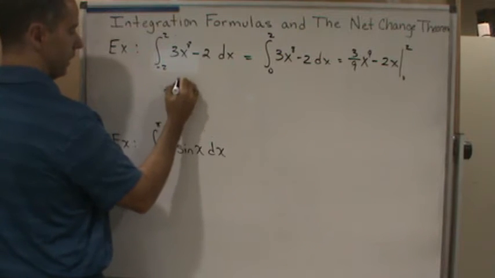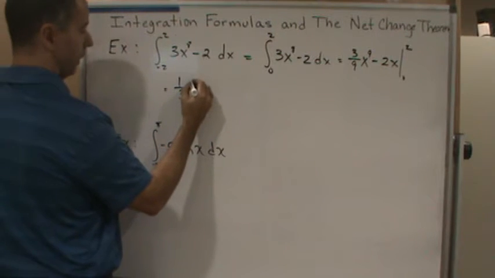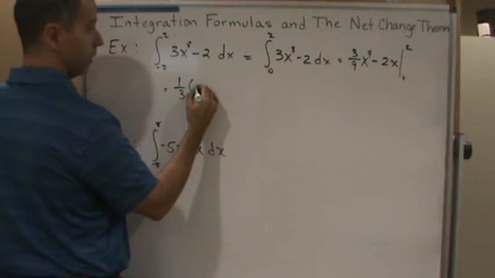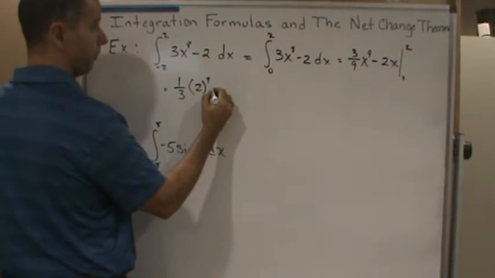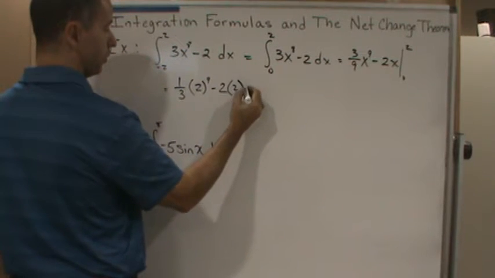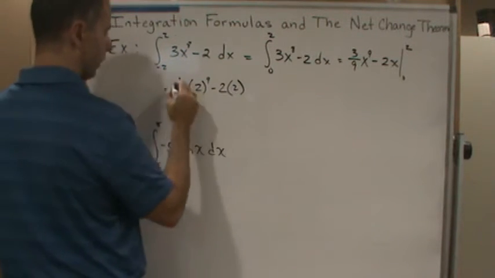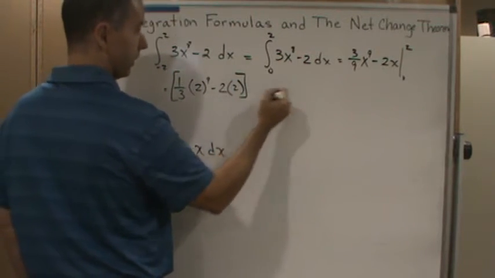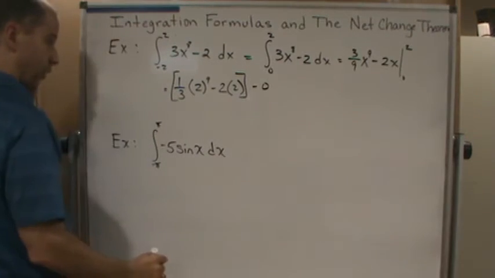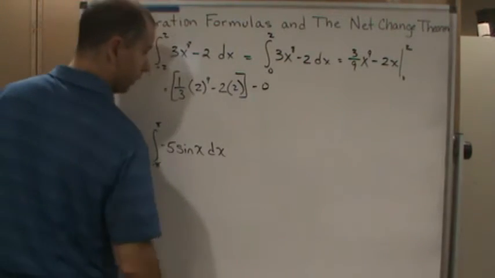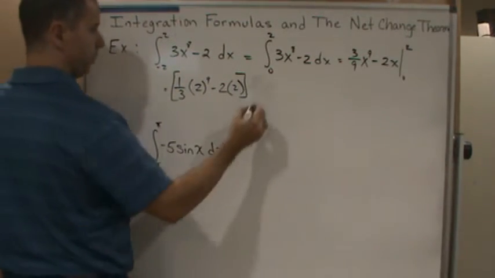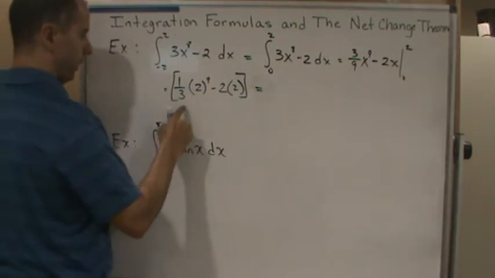And so now this is going to equal 1/3 times 2 to the 9th minus 2 times 2. And of course, at 0, this is just going to be 0, so I'm just going to subtract off 0, which isn't going to change anything, so it's gone.